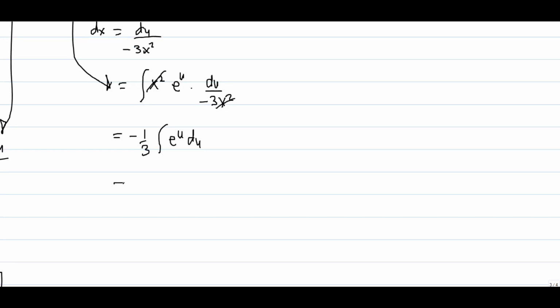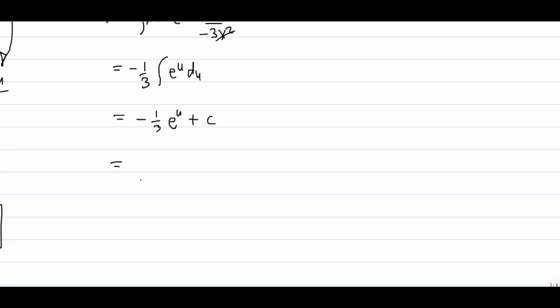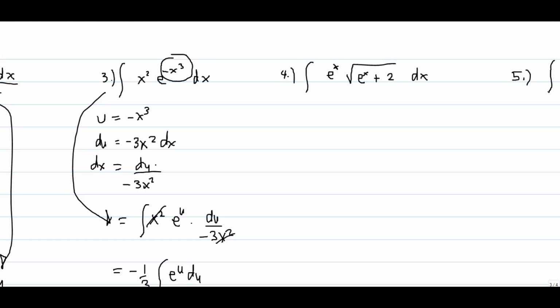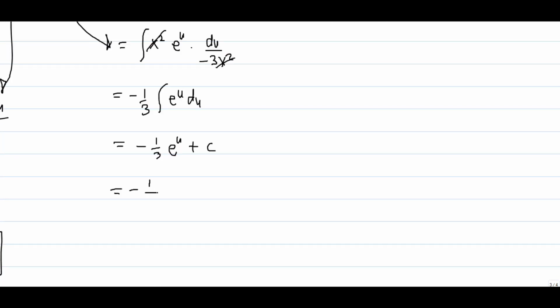Okay, so we can now integrate this. So we have negative 1/3 e to the power u, then plus c. Then we can now substitute the equivalent of u, which is negative x cubed. Okay, so negative 1/3 e to the power negative x cubed, then plus c. So that is the final answer.